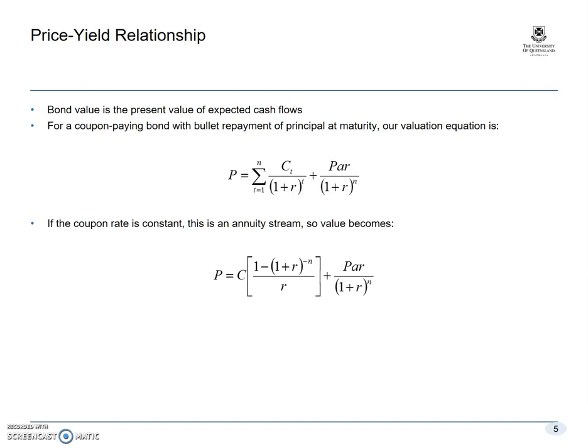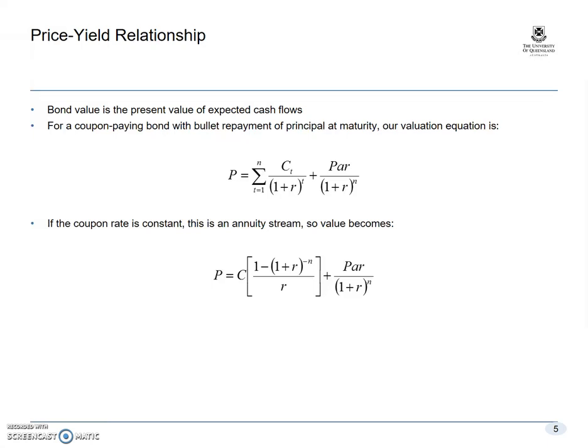Now, bond prices move inversely to bond yields. So we will recall from earlier in our video series that the price of a bond is simply the present value of the coupon payments and the present value of the par value or the principal value, which gets repaid at maturity. Now, as we can see, when we work out the present value of a bond, the yield or the cost of debt is in the denominator in both of those terms.